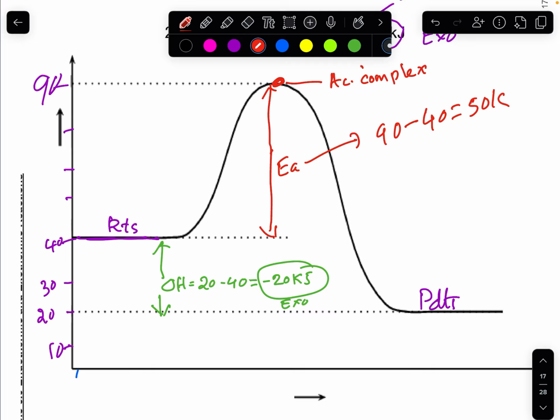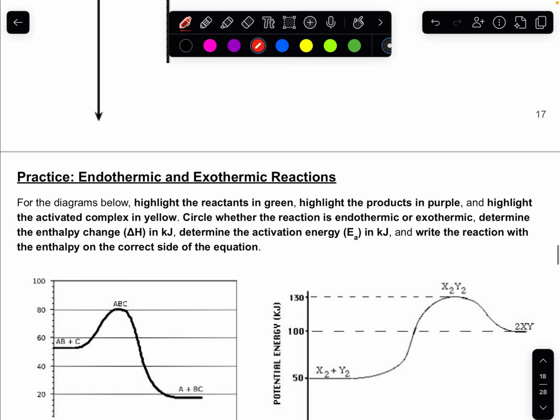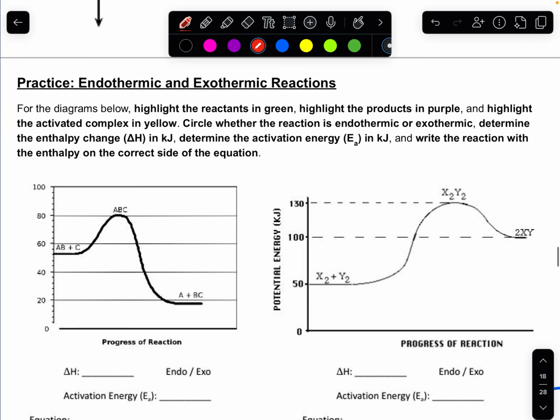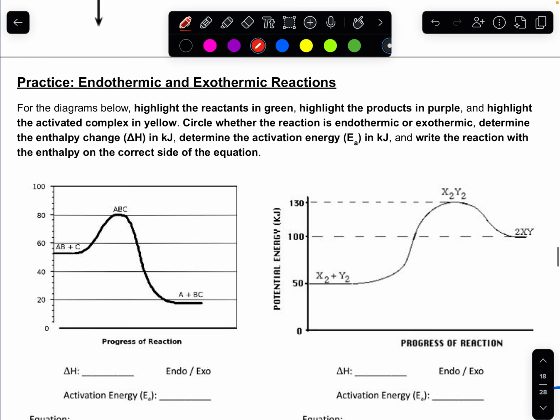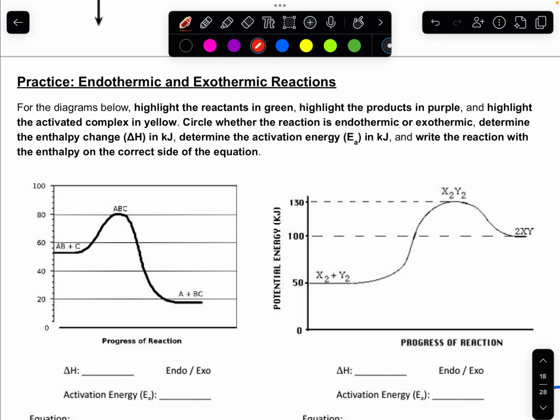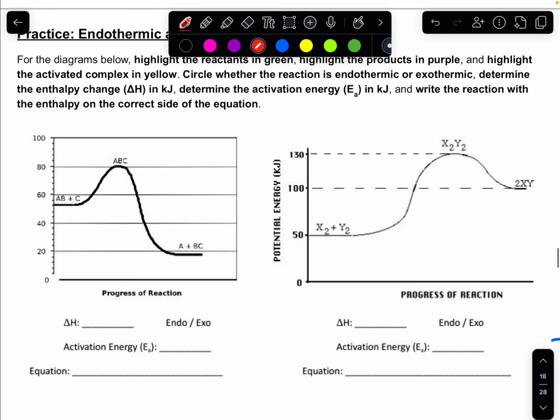That's how the potential energy diagram works, and you will have questions labeling the potential energy diagram. Let's see one practice here. Each one is 20, so there are 1, 2, 3, 4, 5 lines.